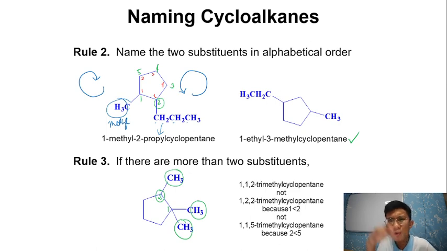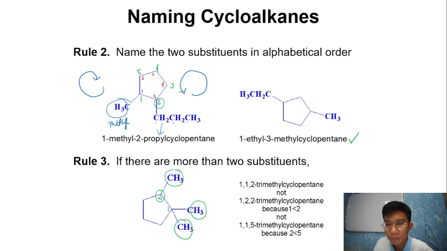Okay? So yung naming ng cycloalkanes niyo, same set of rules with alkanes pero may addition ng cyclo. Yung kakaiba lang sa pag-name ng alkanes natin, sa alkanes kasi it's either left to right, pwedeng side to side. Pero yung sa cycloalkanes ay it's either clockwise or counterclockwise.